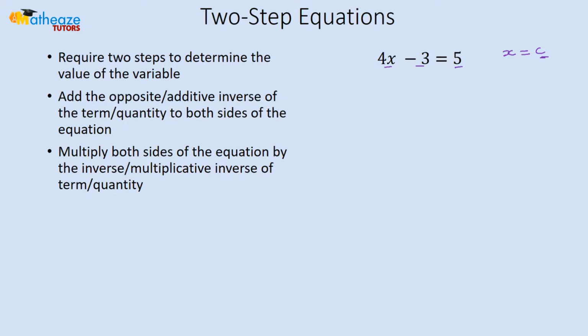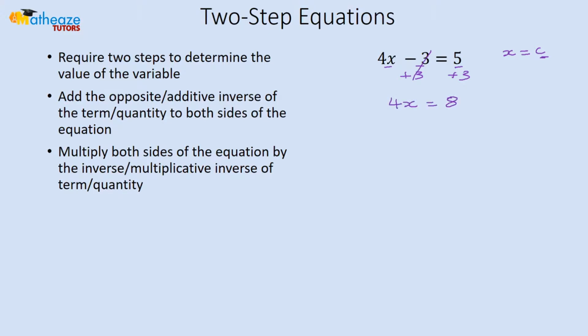Our goal is to make sure the constants stay on one side of the equation. So here we're going to add 3, which is the opposite of negative 3. We're going to add to both sides. So minus 3 plus 3 crosses out, becomes 0. So 4x equal to 8.